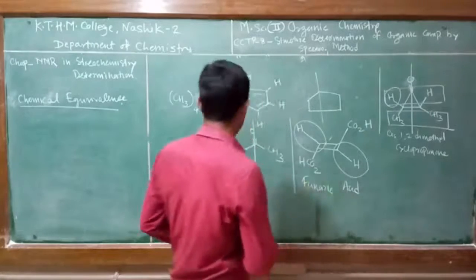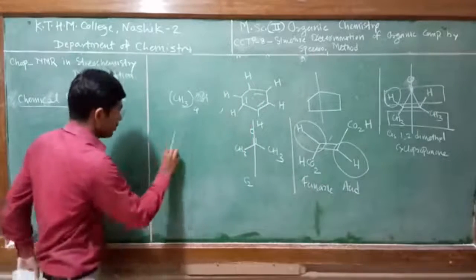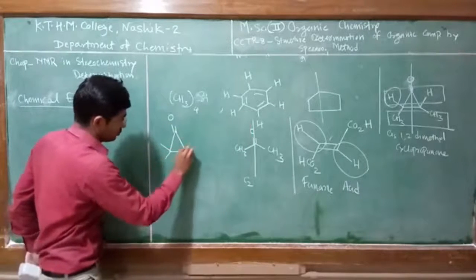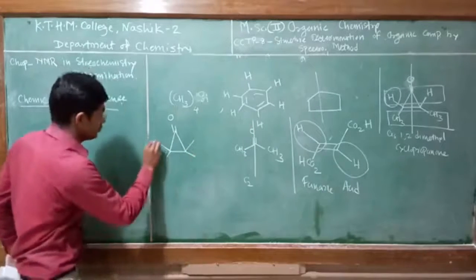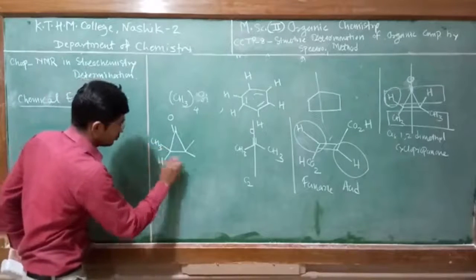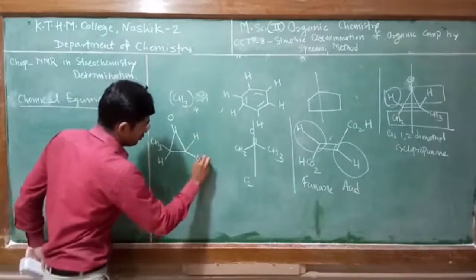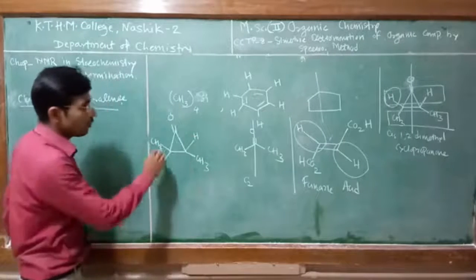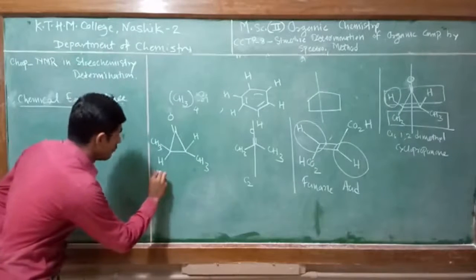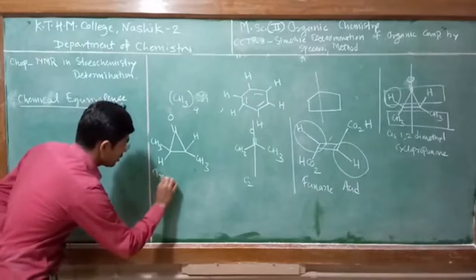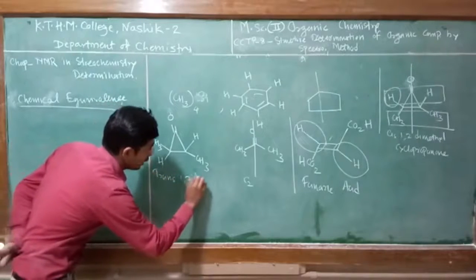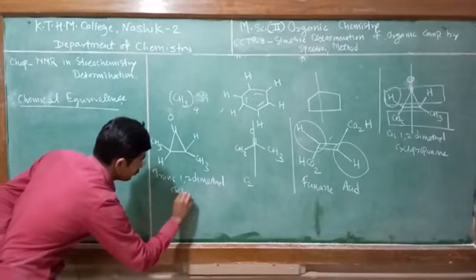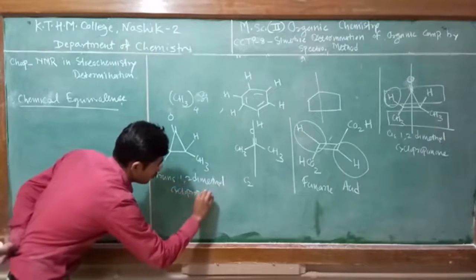Also, if we take the last example here, for this molecule we write the name trans 1,2-dimethylcyclopropanone.